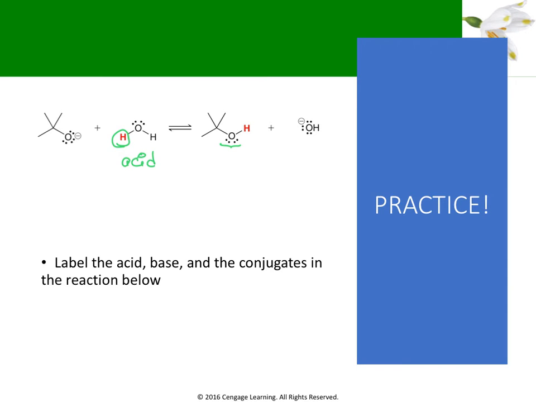And this other compound grabbed the H, it accepted the proton, so this must be the base. And then when the base accepted the proton, it formed what we call the conjugate acid. And when the water, which was acting as the acid, lost its proton, it formed what we call the conjugate base. So you have the acid and base on the left-hand side in the reactants, and the conjugates on the right-hand side.